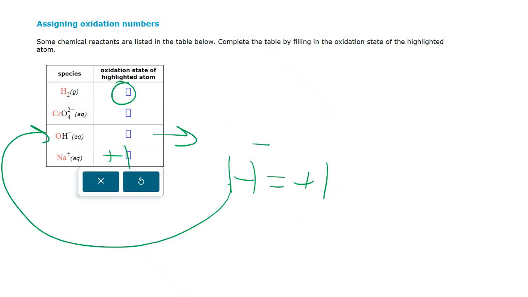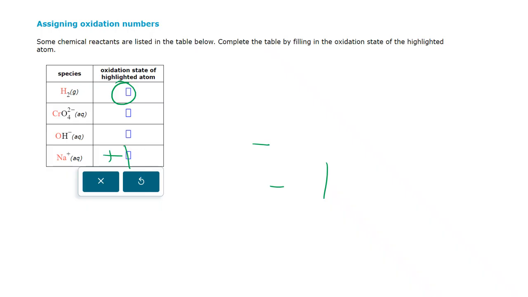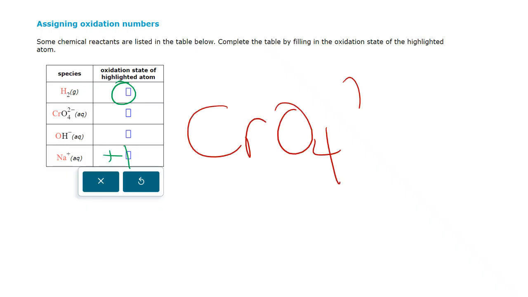So the best question on here is the CrO4 2-. And algebraically, if we set it up, all that has to add up to a -2. So oxygen is a -2 always, so that makes that a -8.